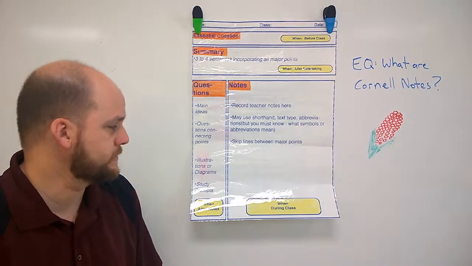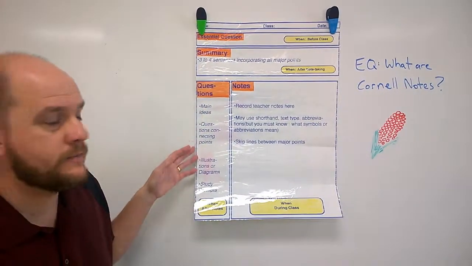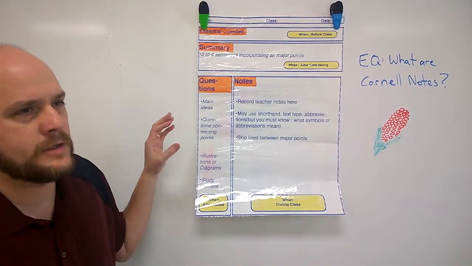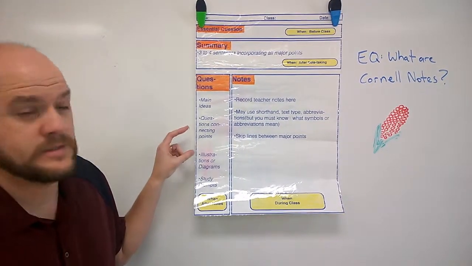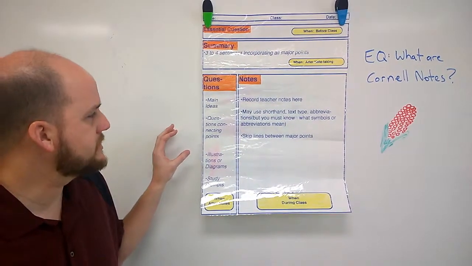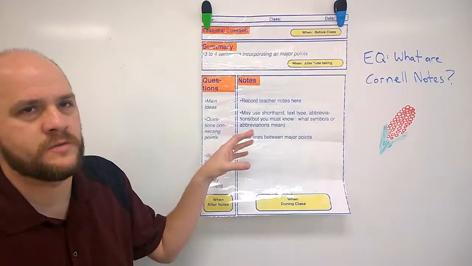Over here on this side of the Cornell Notes is going to be a column where we will primarily use it for questions. And the purpose of the questions is going to be to tie back into the notes that you've taken.